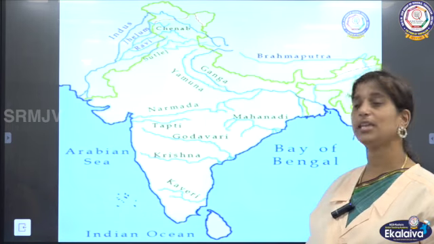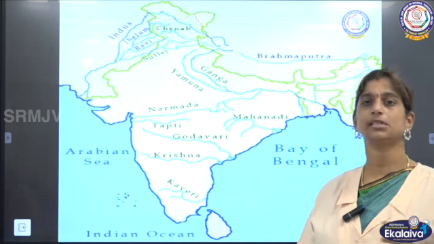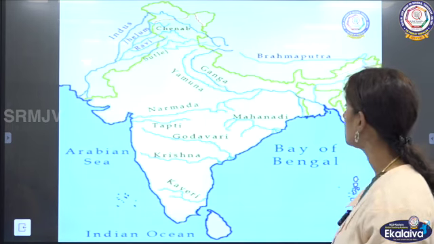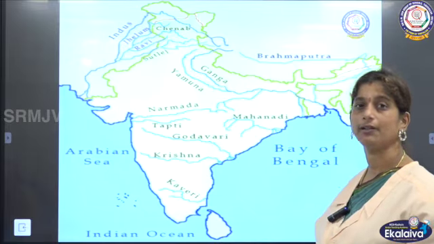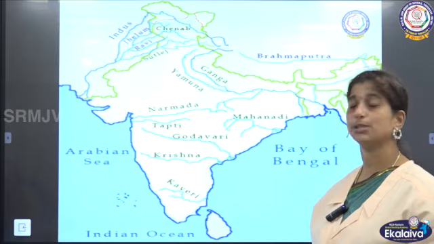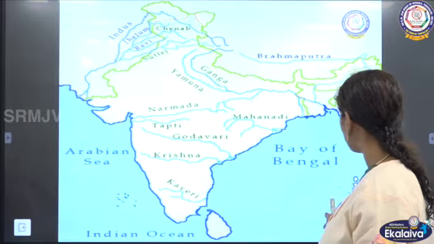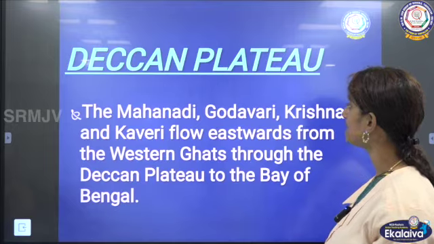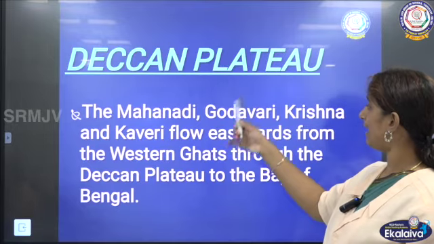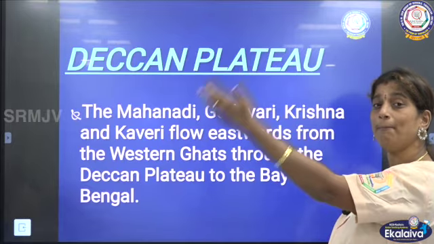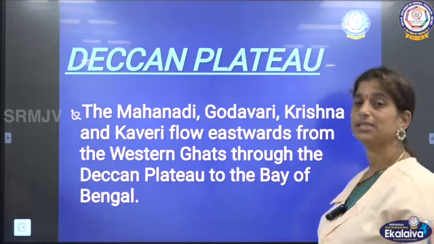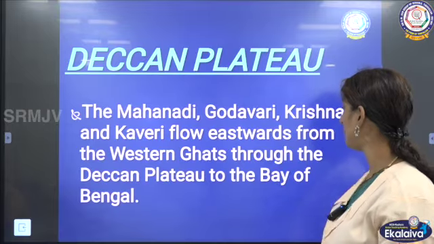Here you could see the various important rivers that pass through the mountains: Mahanadi, Godavari, Krishna and Kaveri. All these rivers pass through the Ghats. As I told you, Mahanadi, Godavari, Krishna and Kaveri flow eastwards from the Western Ghats through the Deccan Plateau to the Bay of Bengal.